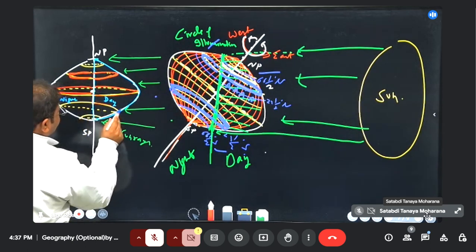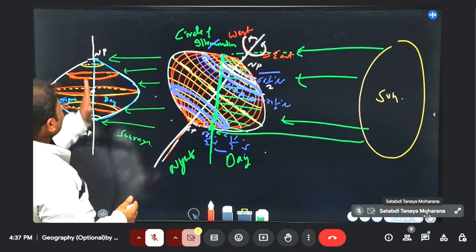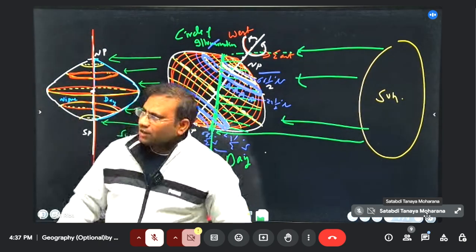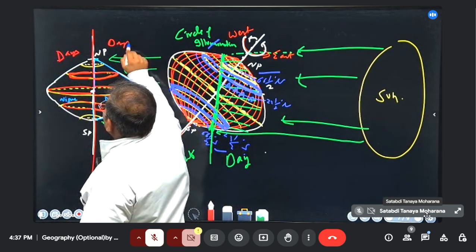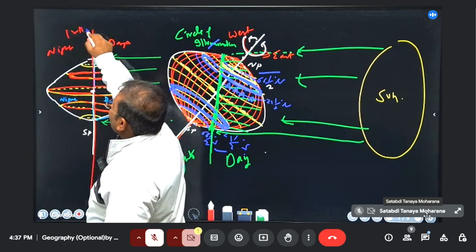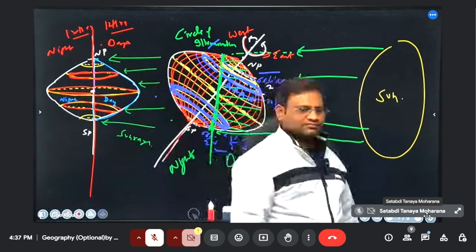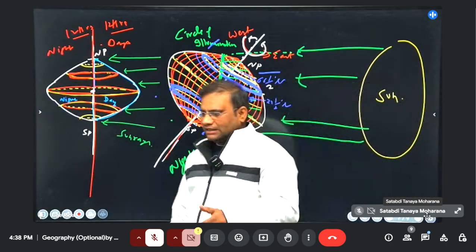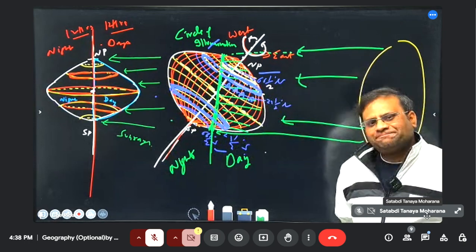Equator, half in day, half in night. Capricorn, half in day, half in night. All latitudes will be halfly divided. So had the earth been straight, day duration would be equal to night duration, that is 12 hours of day, 12 hours of night. But due to the tilt, there is a difference in the duration of day and night.